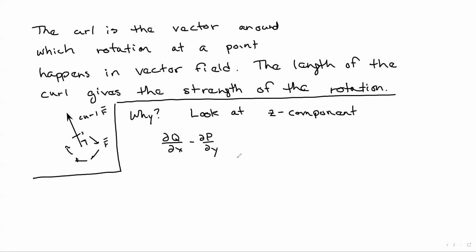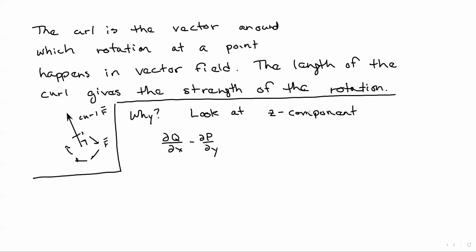What we would expect is that this quantity should be large when there is rotation in the xy plane. The z part of the curl vector is the part that is perpendicular to the xy plane.